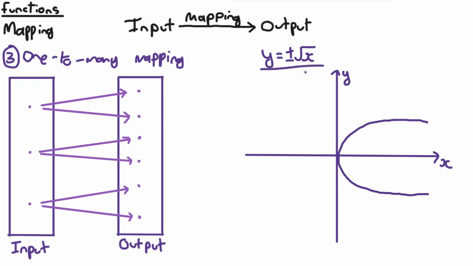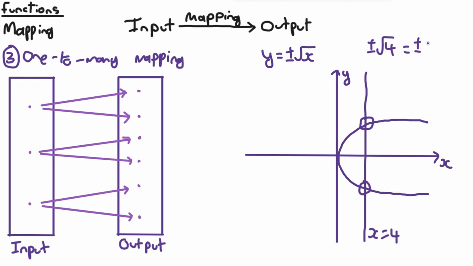An example of this is y is equal to plus or minus root x, where if we draw a straight line like this, and we say that this is where x is equal to 4, we can see that there are 2 points of intersection, and this is because plus or minus root 4 is of course equal to plus or minus 2. It could be 2 or it could be negative 2, so it could be 2 here or it could be negative 2 here. One-to-many mappings are actually quite rare, but they do exist.